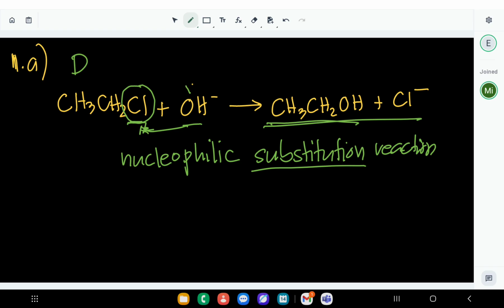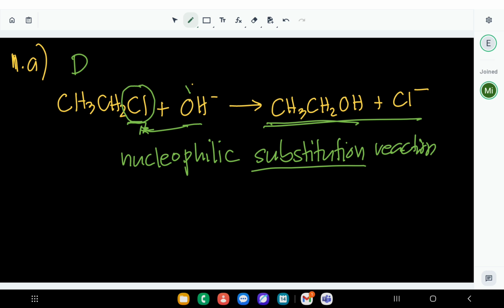Because the ethanol here has an OH group, so the molecules form strong hydrogen bonds, while chloroethane only has dipole-dipole forces. So ethanol has a high boiling temperature.